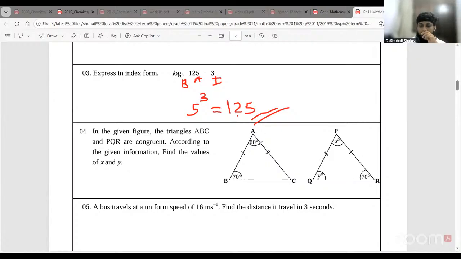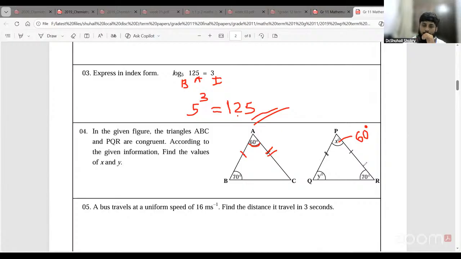This one is 60 degrees, between the single line and the double line. So this x value should be 60 degrees.